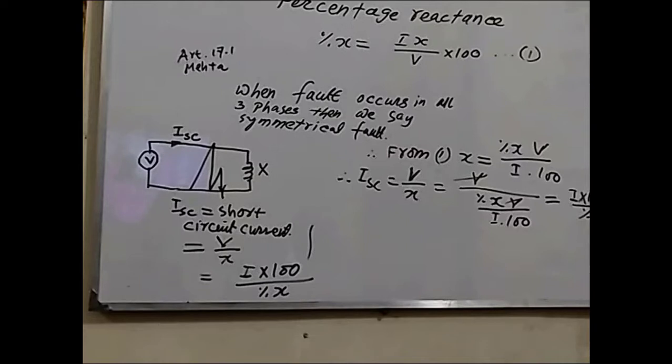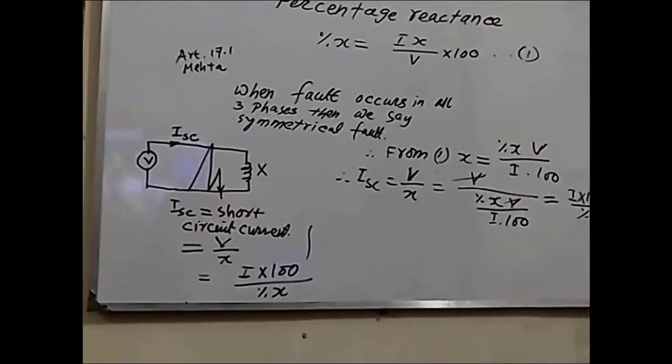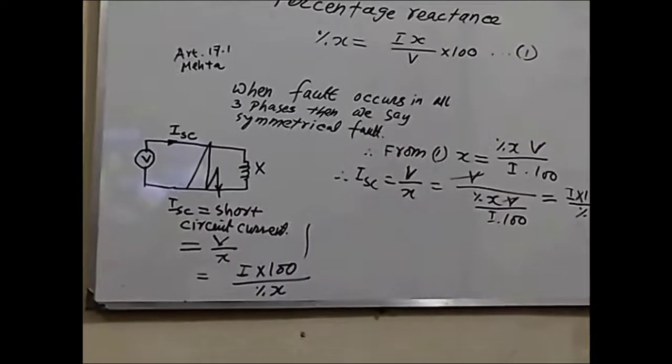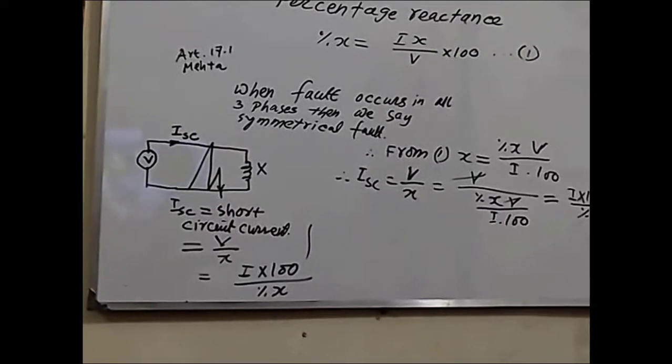From the formula you see that the short circuit current is depending on reactance. Can you understand? It is depending on X, percentage reactance.